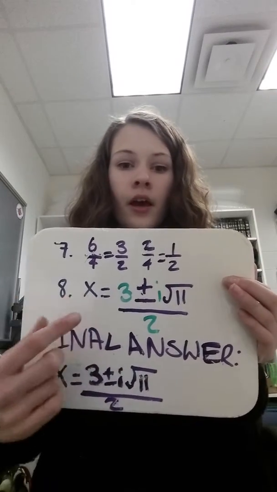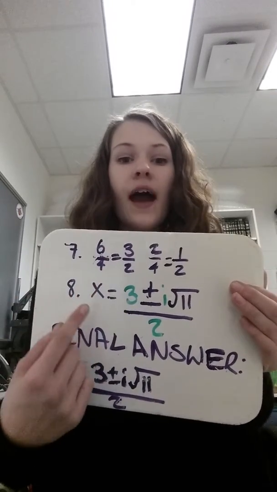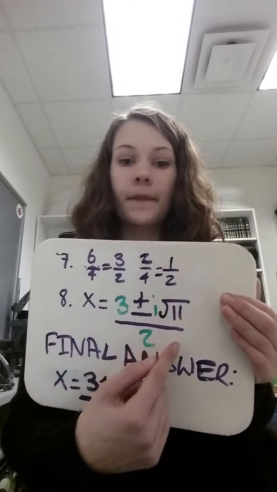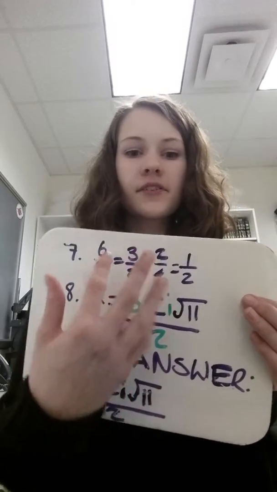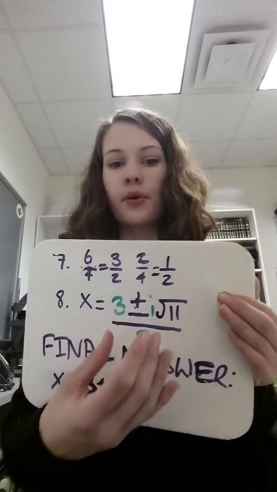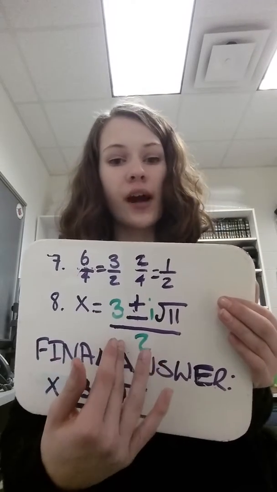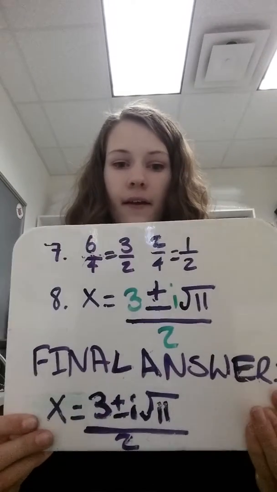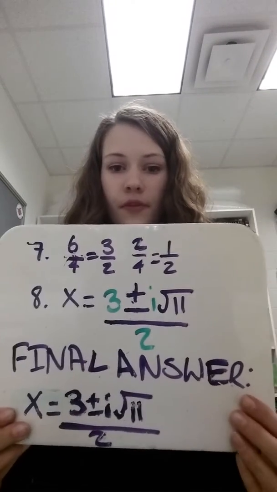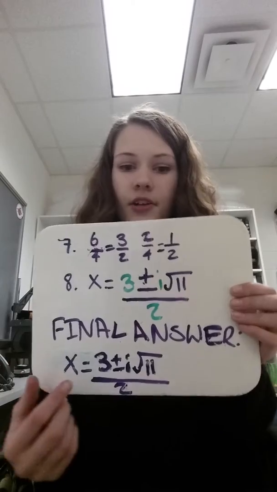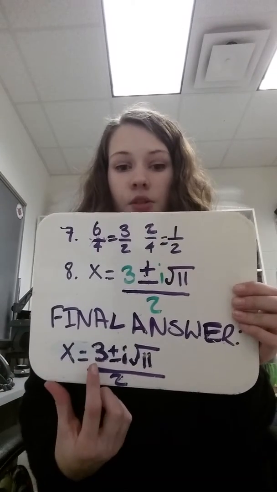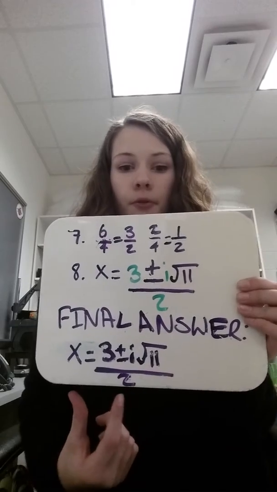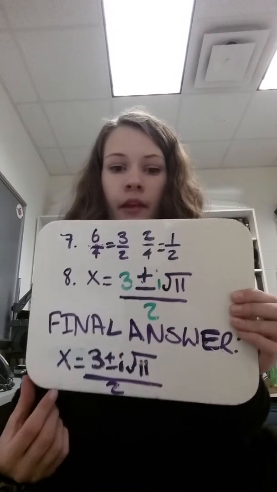So then it's x equals 3 plus or minus i square root 11, over 2. You simplify those two things because they both could simplify with 2 as a denominator. And now that you've gotten to there, you can't further simplify the equation. So your final answer is x equals 3 plus or minus i square root 11, over 2.